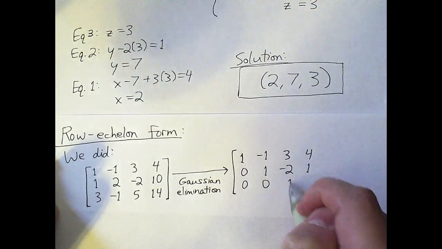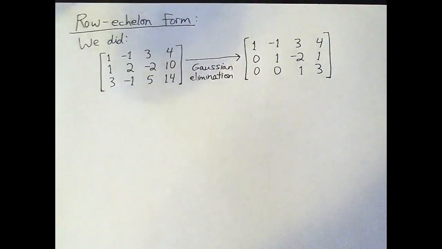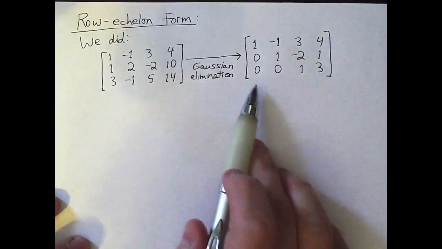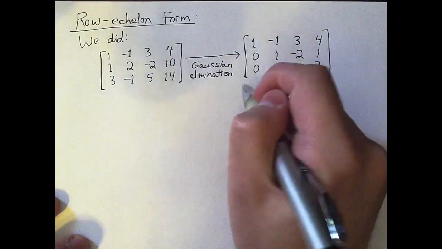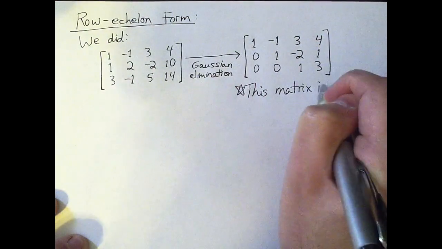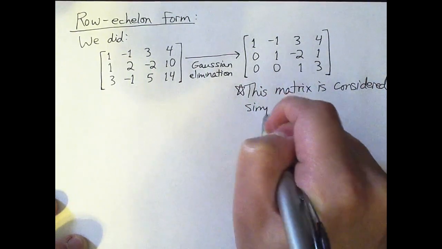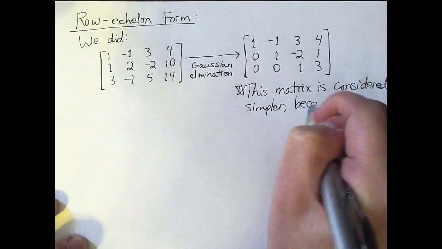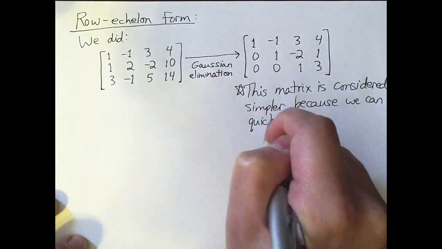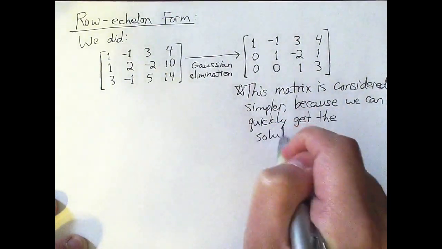0, 0, 1, 3. Let's move this up. And the matrix that we got, this matrix, is considered simpler because we can quickly get the solutions from it.